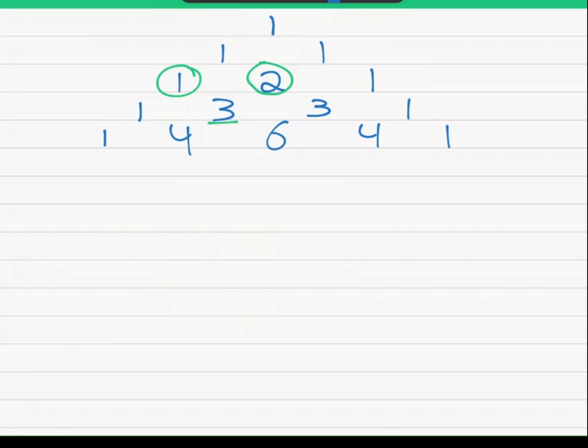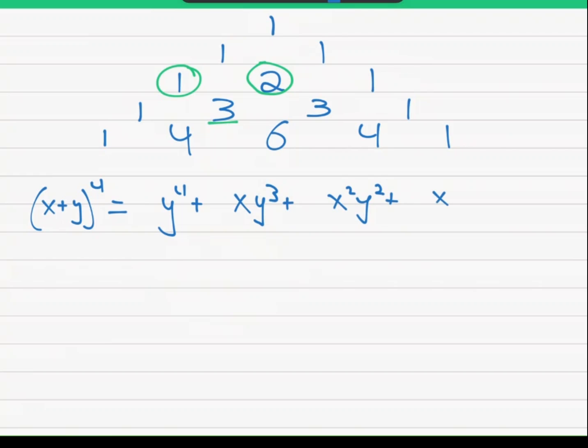So if I want to expand (x plus y) raised to the 4th power, I know that there's going to be a y to the 4th term, an x y cubed term, an x squared y squared term, an x cubed y term, and finally an x to the 4th term.